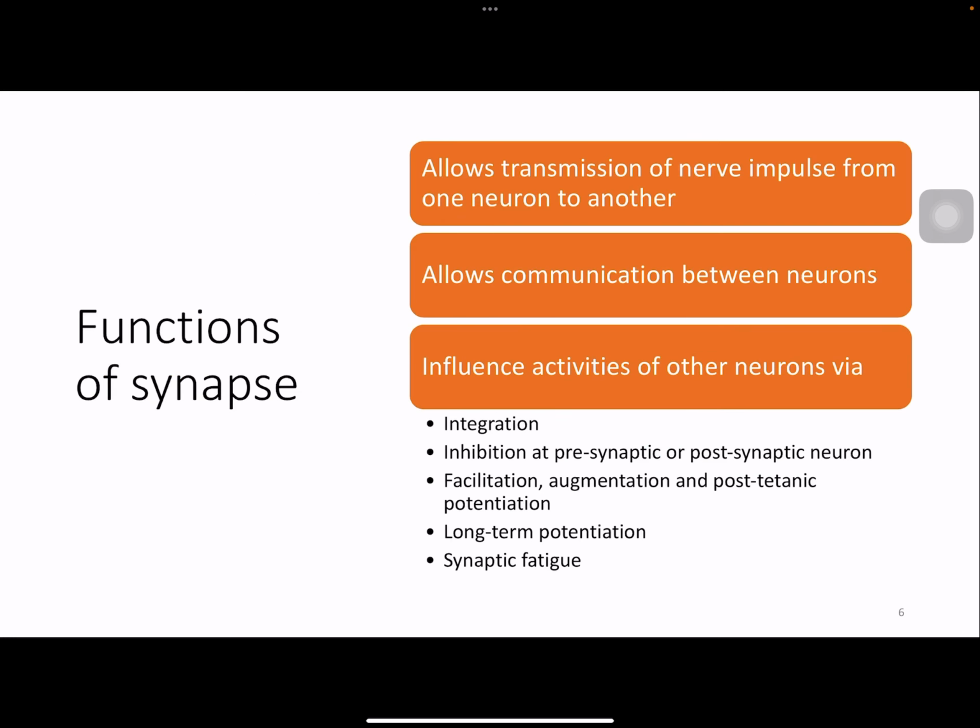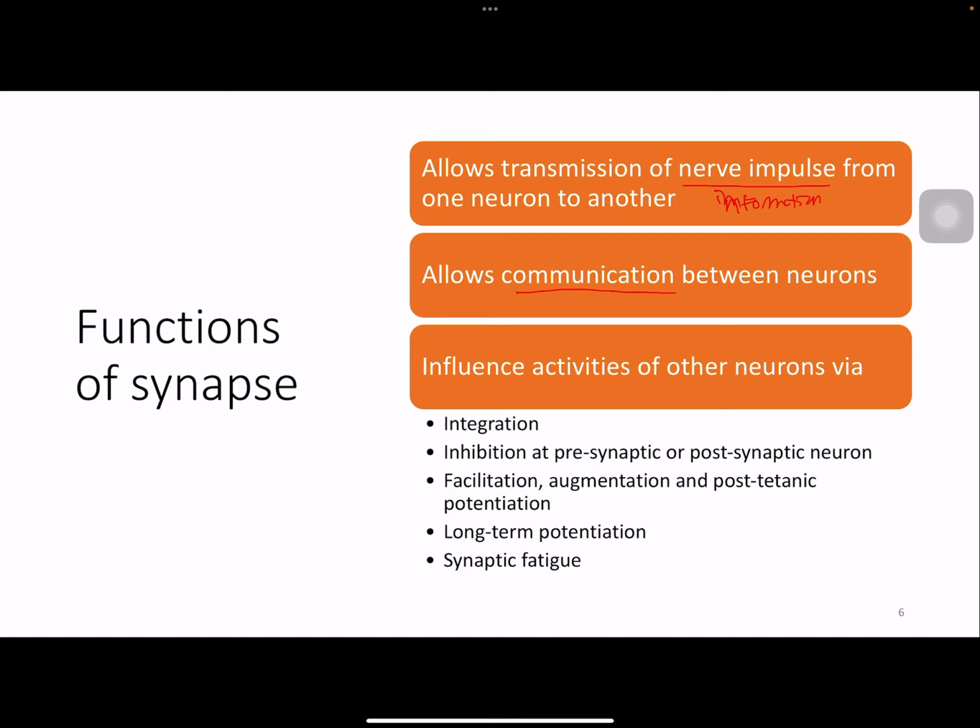What are the functions of the synapse? We know at this point that the synapse allows communication between the neurons because it allows the transmission of nerve impulses, which contain the information, from one neuron to another. But it does not just do the passive thing of carrying down the message.